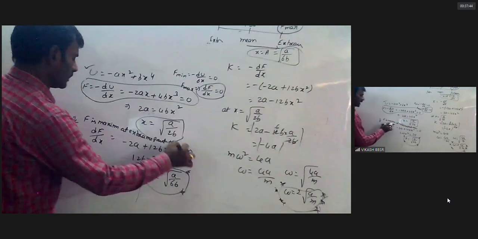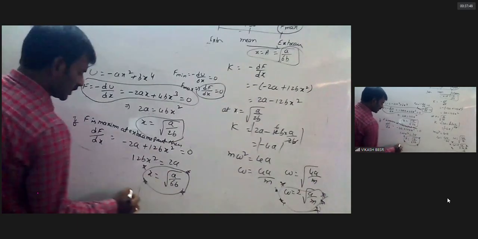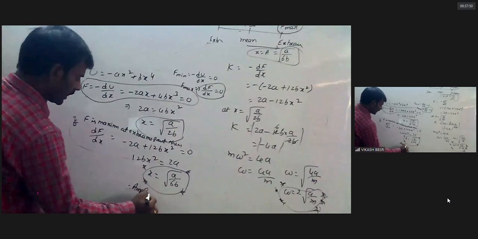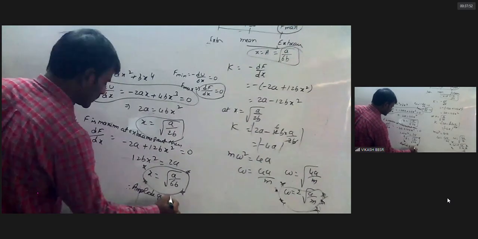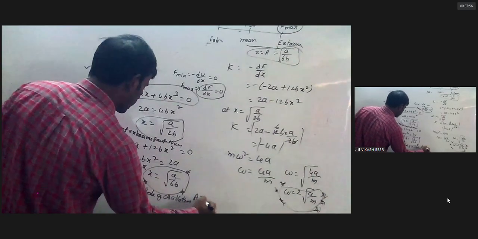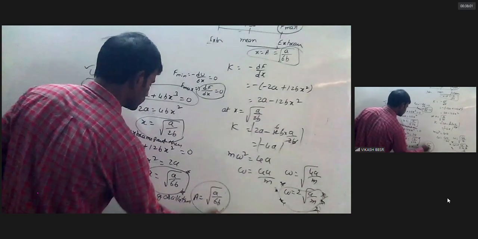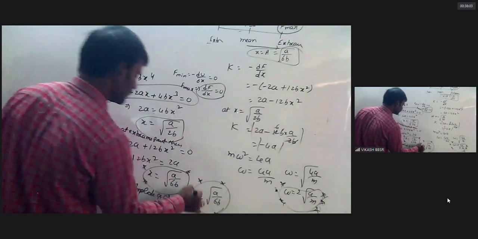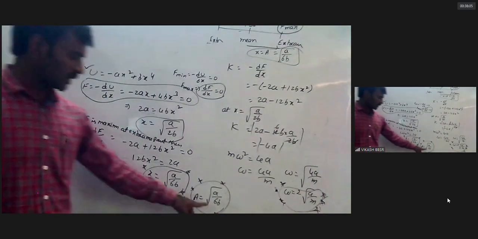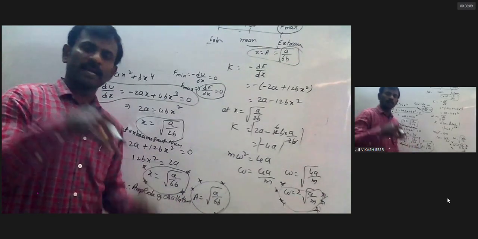Then df by dx is equal to 0 implies x is equal to 0. Therefore, amplitude of oscillation A equal to root over a by 6b. At this position, particle is at extreme, should not move further.